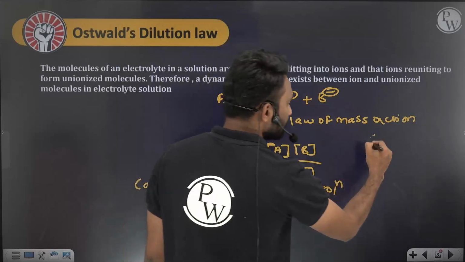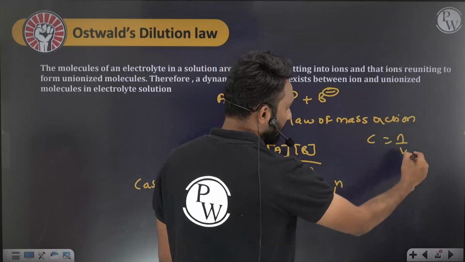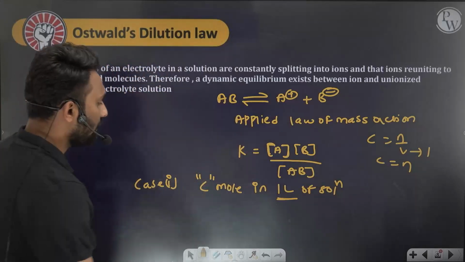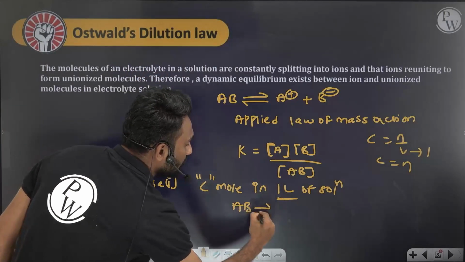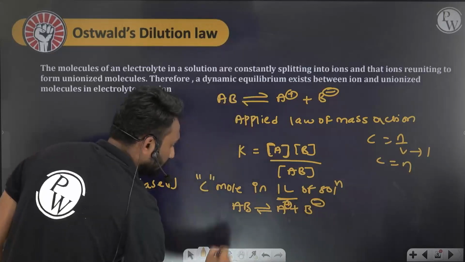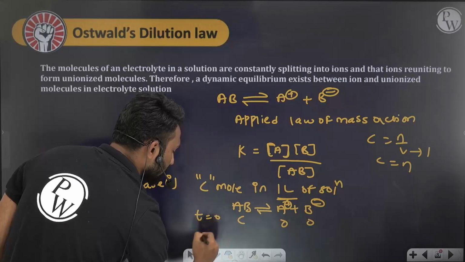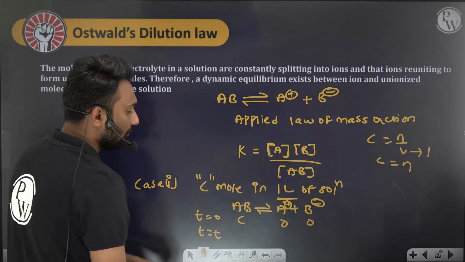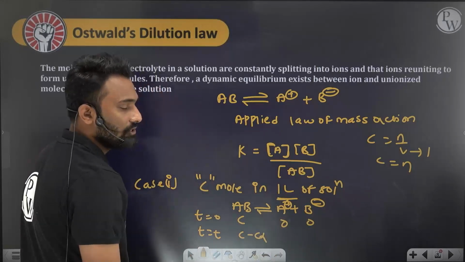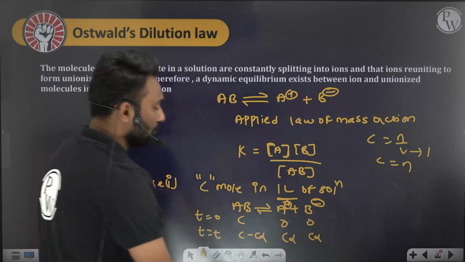Concentration means number of moles by volume in liter. Since the solution he has taken is 1 liter, concentration will be equal to the number of moles only. So AB gives rise to A plus and B minus. Initially he has taken C concentration, and 0. At a time t, when equilibrium is reached, from this C concentration, C alpha has dissociated, and C alpha of A and C alpha of B has been formed.